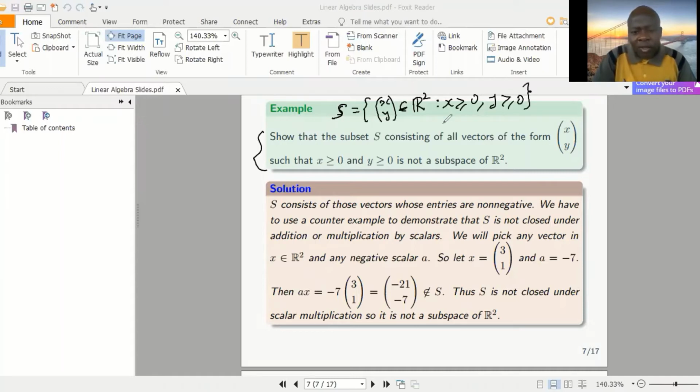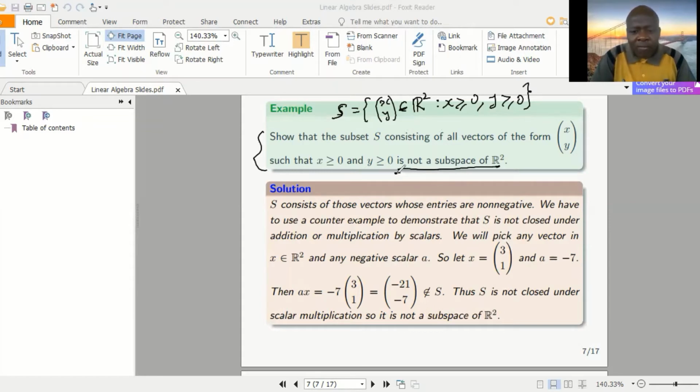So it means the same thing, and you need to know the various ways you can write a set. You must have learned that before, that we can write a set either by listing the elements or by describing them. Now, it's okay the way it is. What is important here is that the condition given to us is that x must be greater than or equal to 0 and y must be greater than or equal to 0. And the question is: show that this is not a subspace.